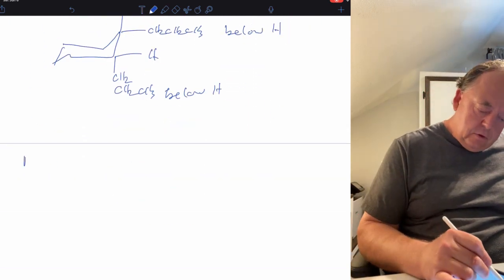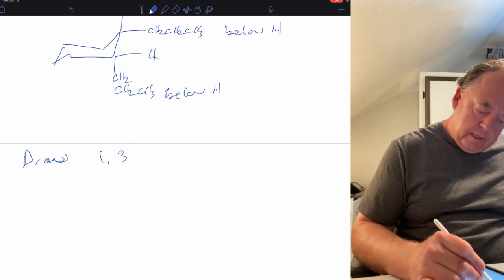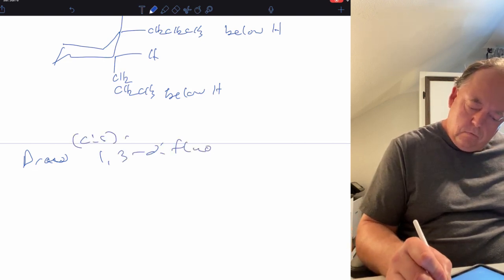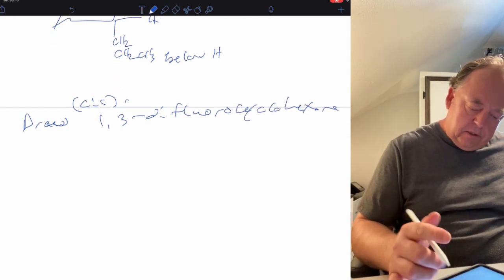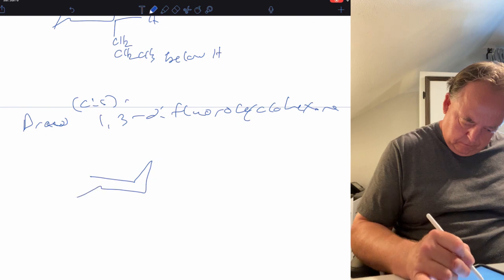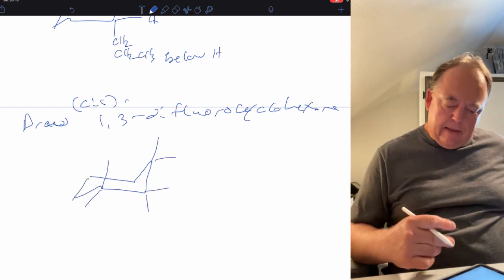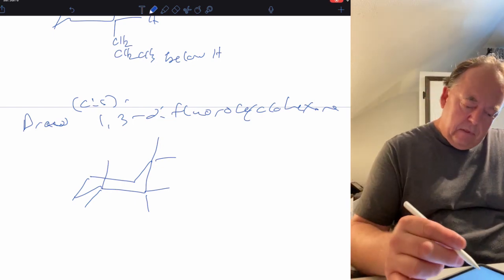Or one more. Let's draw cis-1,3-difluorocyclohexane. So probably what I would do on a test is I would give you a template like this and just ask you to fill in where things are at.